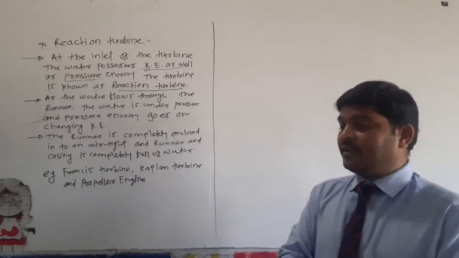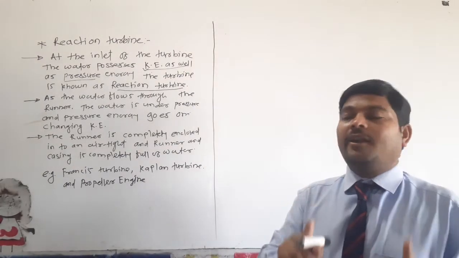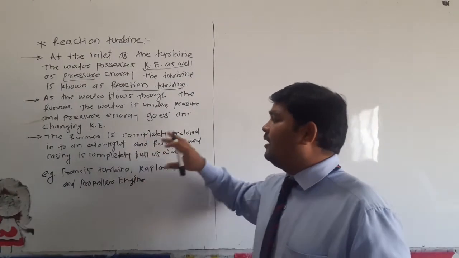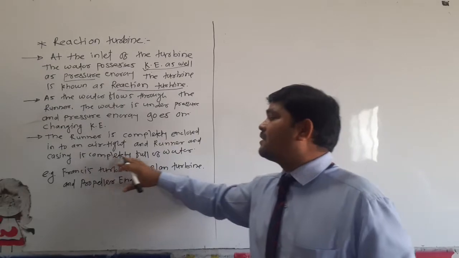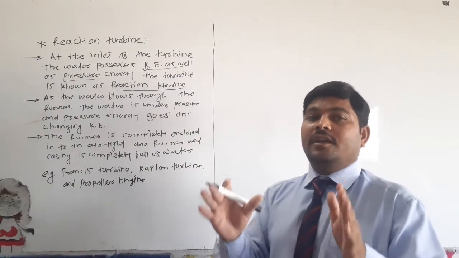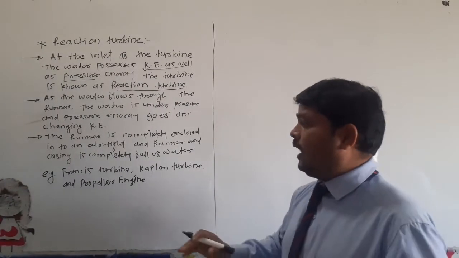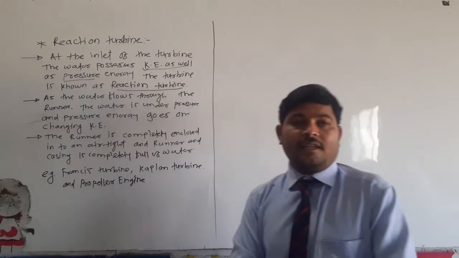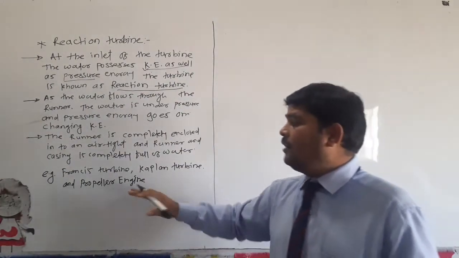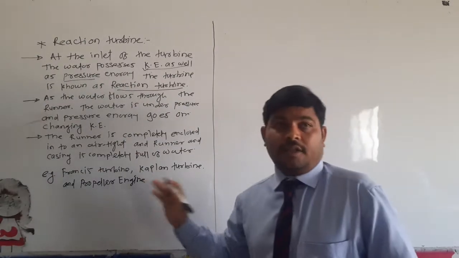In the impulse turbine, the casing cannot perform any hydraulic function, but here the runner and casing are completely full of water. That means there is no air gap between the runner and the casing. Examples are the Francis turbine, Kaplan turbine and propeller turbine.